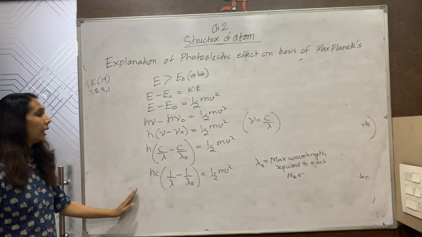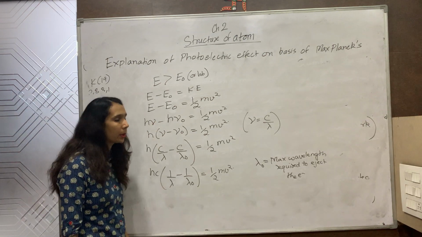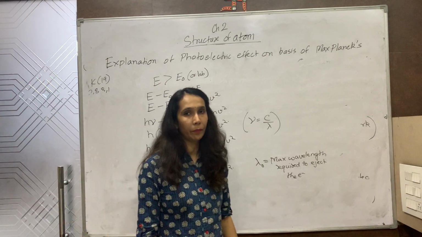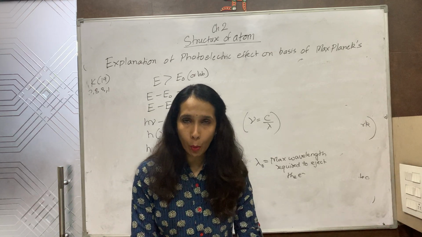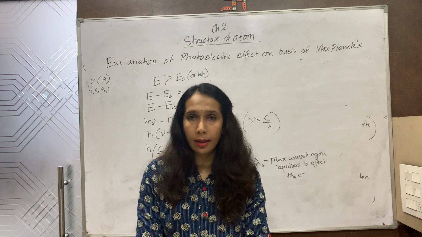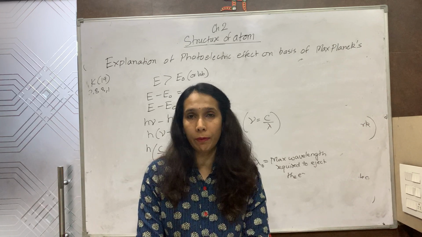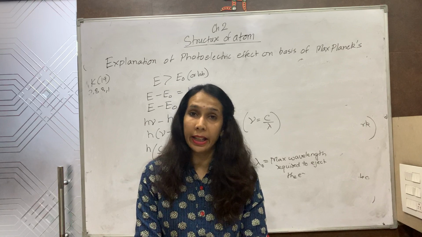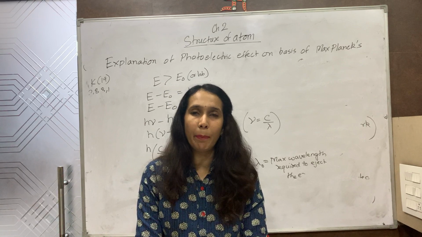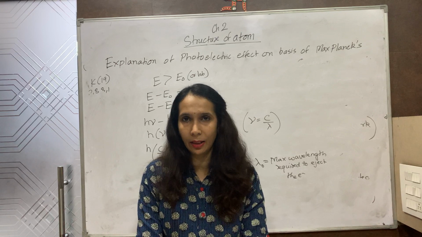So this photoelectric effect could be explained on the basis of Max Planck's quantum theory. And so now we know that the number of electrons ejected, although they depend upon the intensity of light, but the energy depends upon frequency and not intensity.